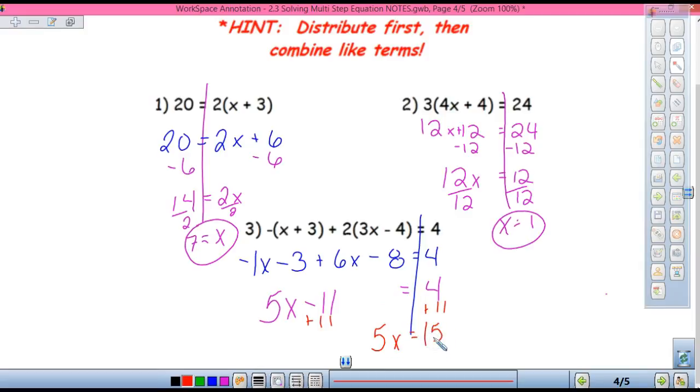Five x equals 15. Therefore, x equals 3. Everybody get that? Rock star. Awesome. So, you guys are doing pages 41 and 42.